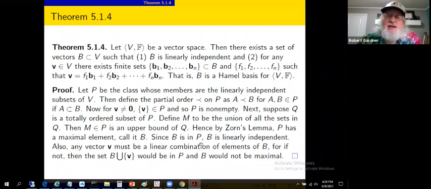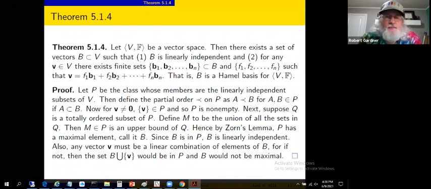So B is in P, meaning B itself is linearly independent, because P was a collection whose members are linearly independent subsets. Also, it's maximal, is the claim.